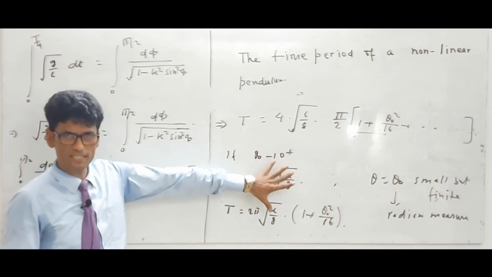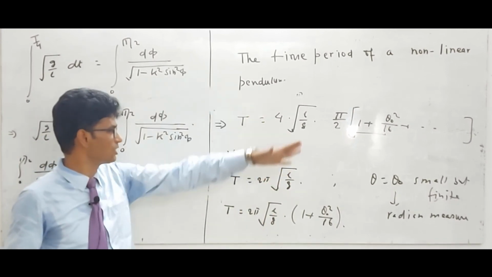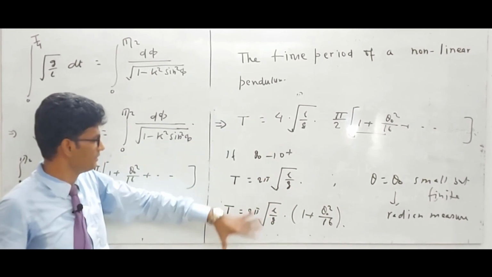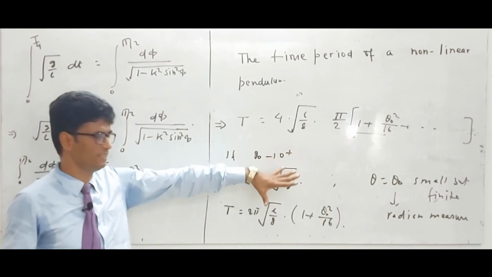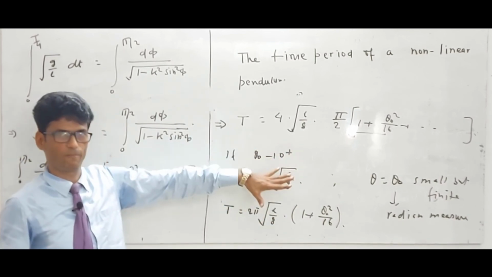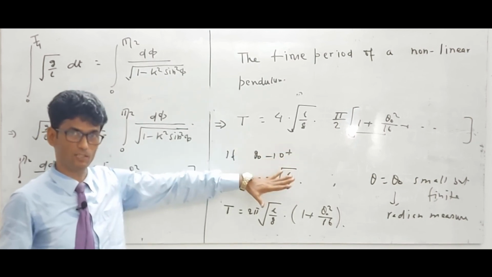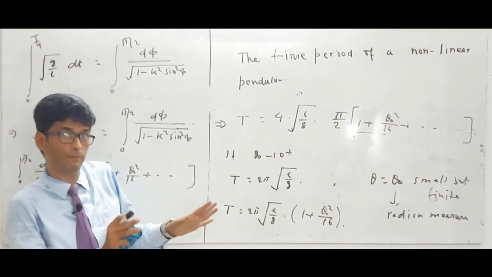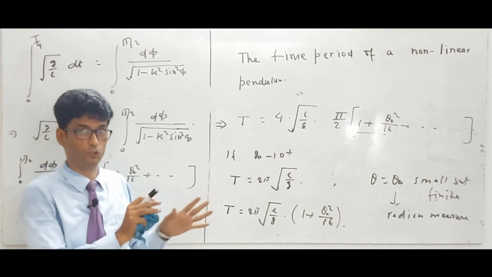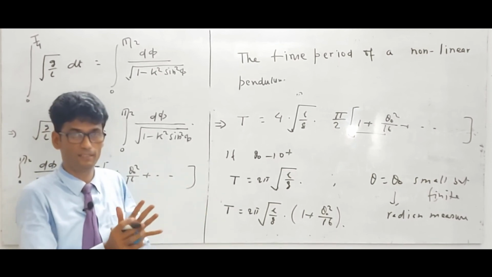So here there are only two cases: theta tends to 0 plus, and theta small and finite, but still small. Up to which degree measure, up to which radian measure, it is still a dilemma to say. 1 degree or 2 degree, 3 degree, 4 degree, maybe convert into radians; still we are not able to say.